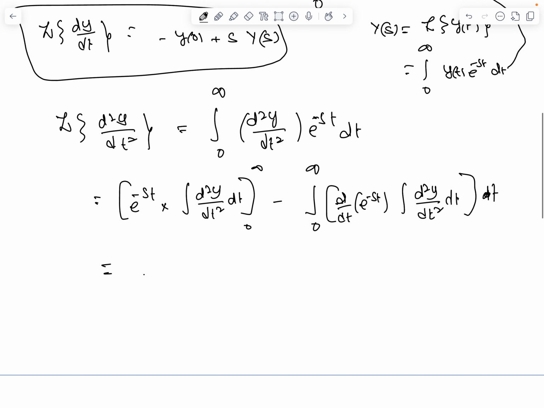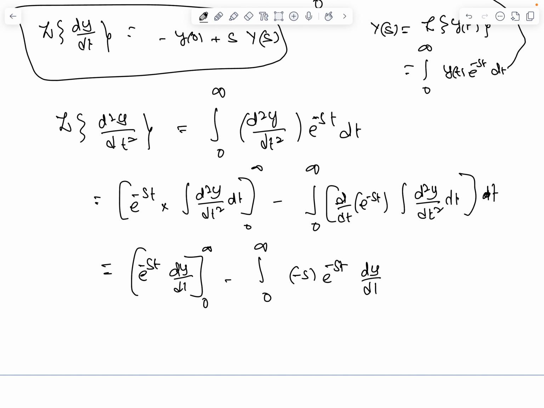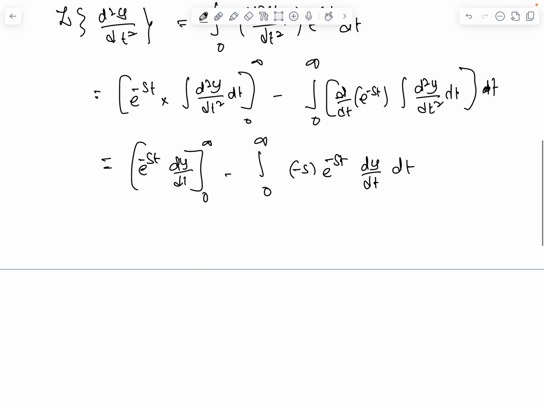So, this is e power minus st, dy by dt, and then one derivative is reduced. Therefore, this is the integral from 0 to infinity of minus s into e power minus st and dy by dt. Instead of the double derivative, now we have a single derivative.